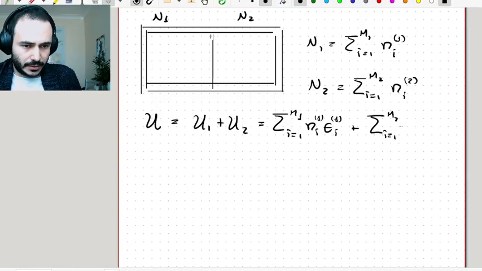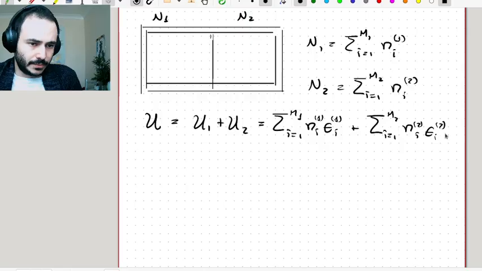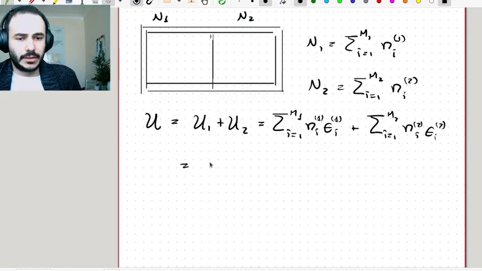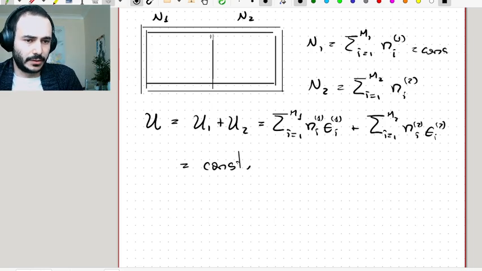You see, very tedious notation, but very mechanical. I'm doing nothing really. So this thing, sum of n_i2 epsilon_i2, and then the whole thing is a constant. Just like this is a constant, and like that it's a constant.